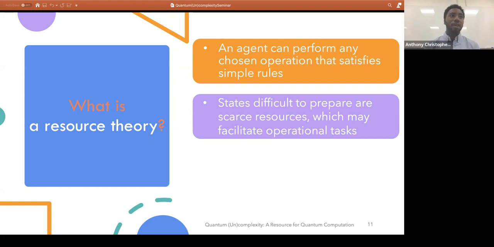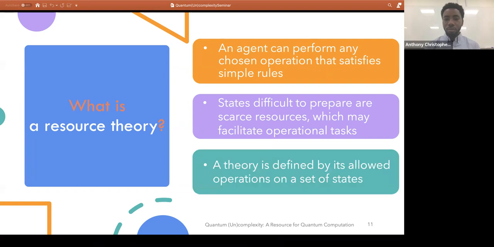Lastly, we should be clear that a resource theory is defined by its allowed operations on a set of states. Once I tell you the set of states, and I tell you what your allowed or free operations are within the theory, then I've told you what you're allowed to do in order to manipulate quantities, substances, in order to extract or manipulate the resource that you're interested in.